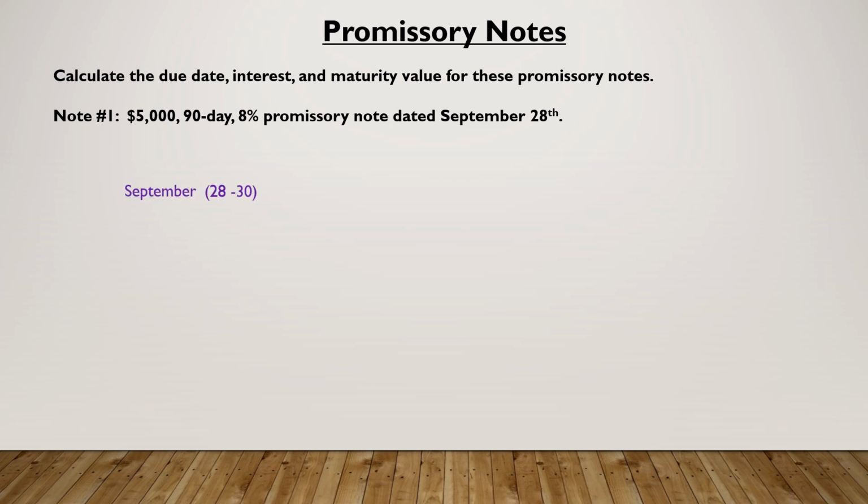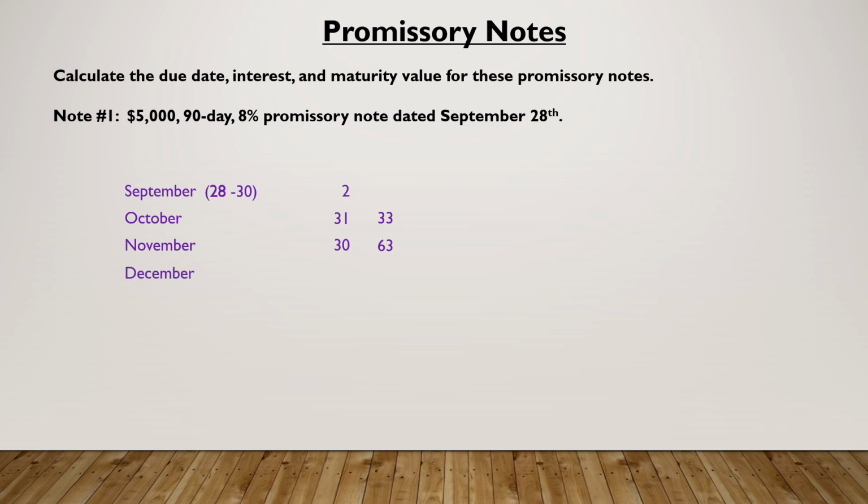September has 30 days, so the life of our note will take 2 days in September. After September comes October, which has 31 days. Combined with our 2 days from September, we're 33 days into the life of our note. Next comes November with 30 days. We're 63 days in.